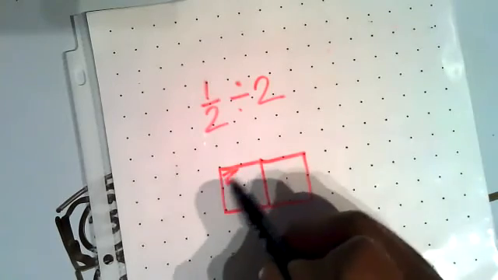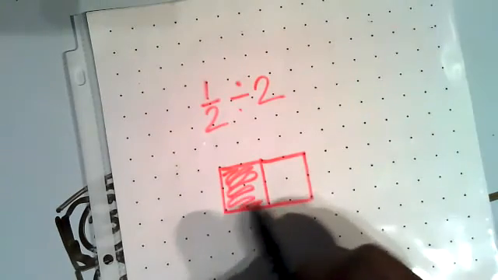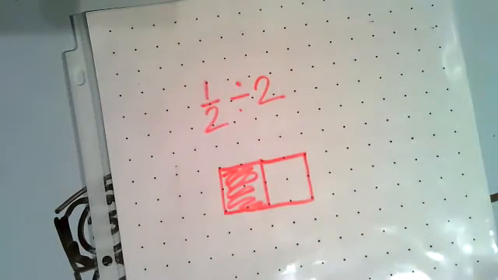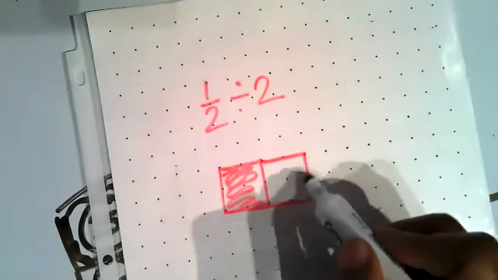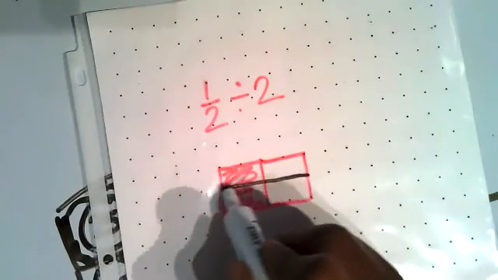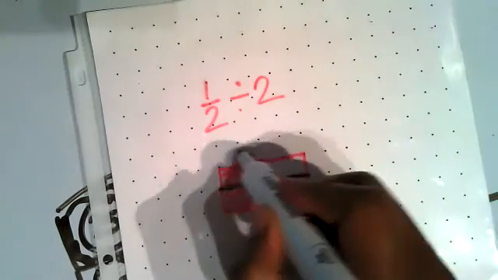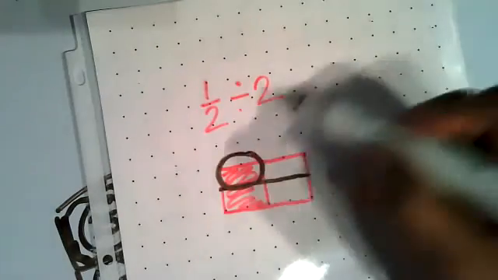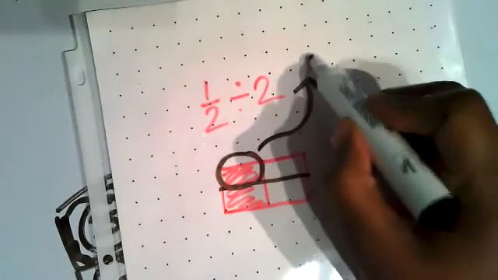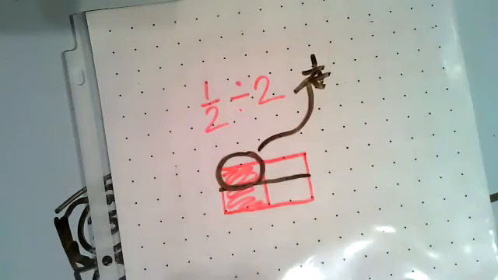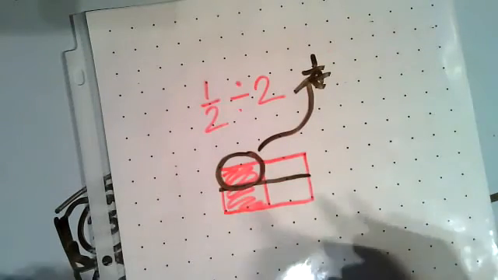And once again, I'm going to shade in a half, all right? And then I'm going to take my marker and split it into 2. Once again, I have 1/4, okay? 1/4. Now, I can use this as a number line.